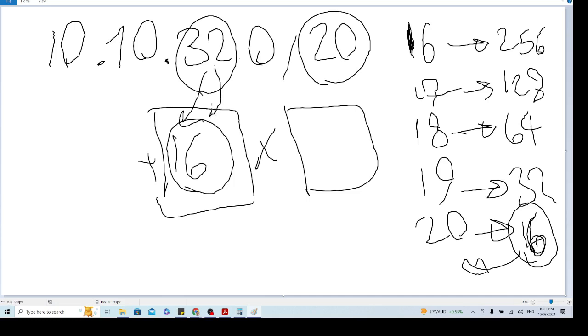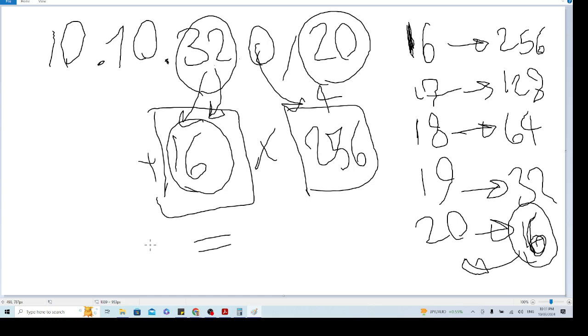This is for the third octet. How many for the fourth octet? 256. So 16 multiplied by 256 will be your available IP addresses in this range. And I told you if you add up this 16 to this 32, which will be 48, it will be your next available subnet in this range.